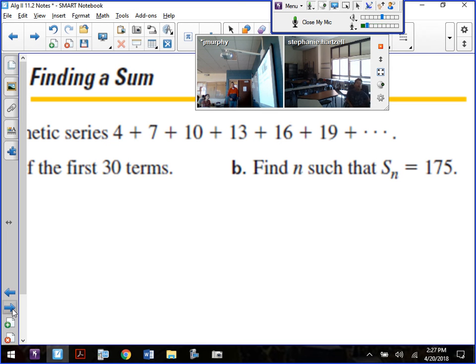So if I'm looking at the series 4 plus 7 plus 10 plus 13 plus 16 plus 19 plus 22 plus 25, and so on, it's relatively simple to distinguish your common difference. It should also be relatively easy to figure out the first term. When I do this, I have to remember that I'm going to need to use both formulas at some point, so I write them both down.